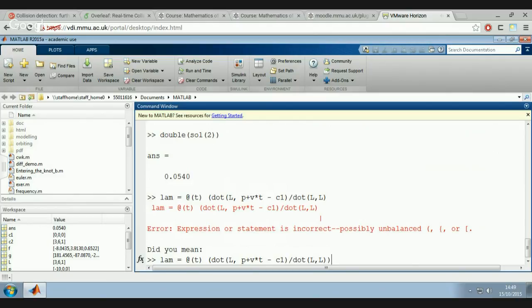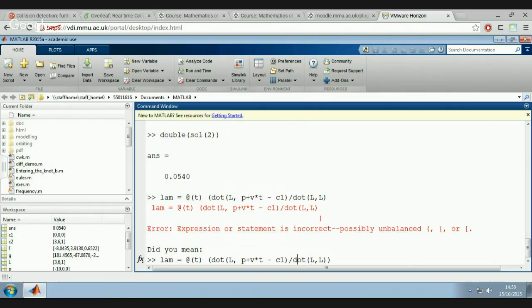I got my brackets wrong. Possibly unbalanced brackets. My brackets are okay.